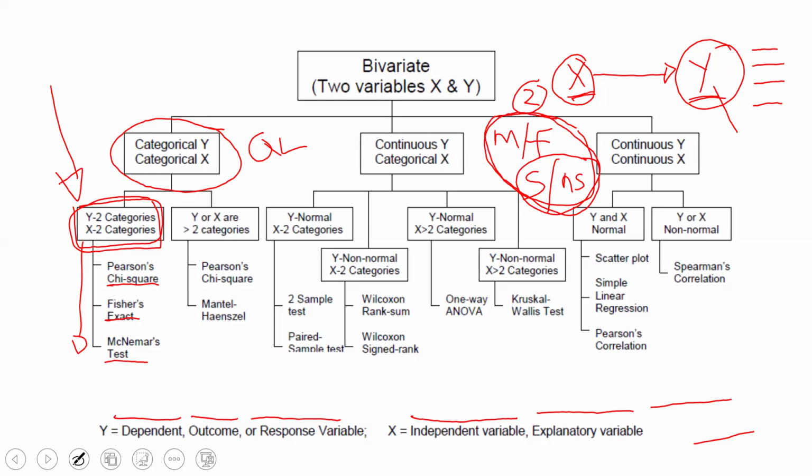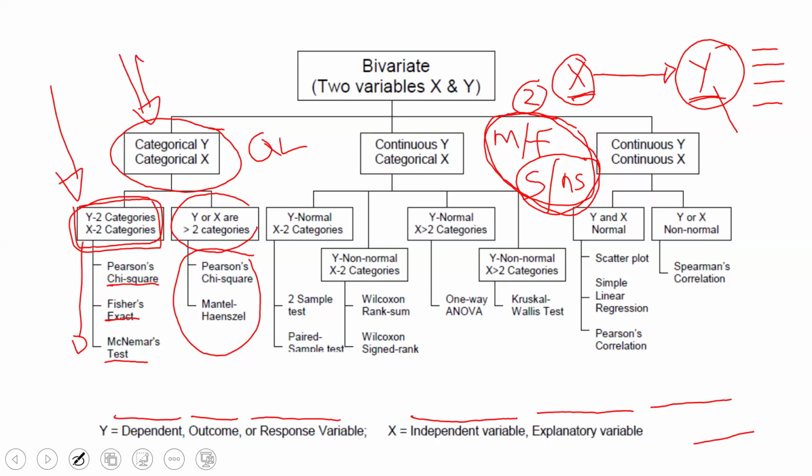In a situation where my X and my Y have more than two categories, like I was saying earlier about sex and occupation, that's where this will come into play. You can see the condition here: X or Y is more than two categories. And that is because both of them are categorical. So we can use chi-square for categorical variables.